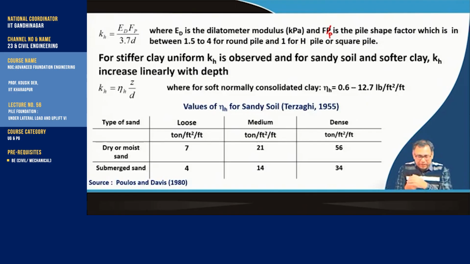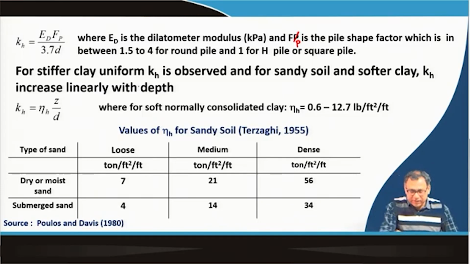That means for stiffer clay a uniform kh is observed, but for sandy or granular soil and very soft clay, kh is not uniform along the depth. Kh generally increases linearly with depth. So, in such a case kh can be represented as eta h into z by d.